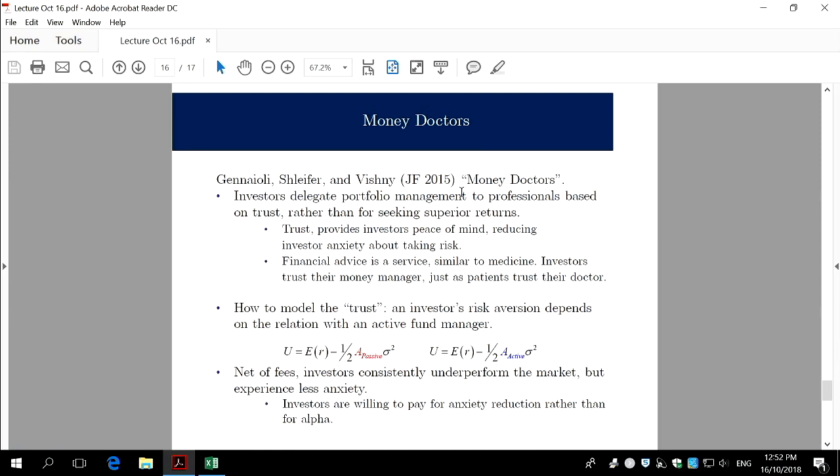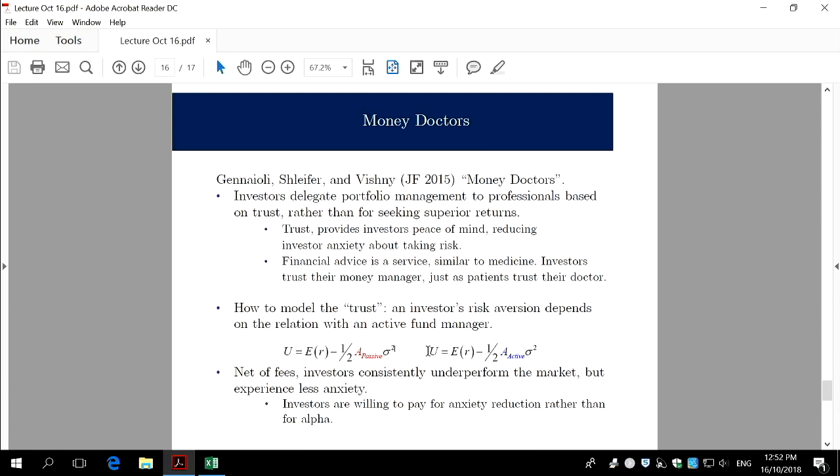Because the reasoning is straightforward, but mathematically how to model it? Remember, this is the utility function, right? Utility function is positively related to return and negatively related to risk. And the capital A is risk aversion.